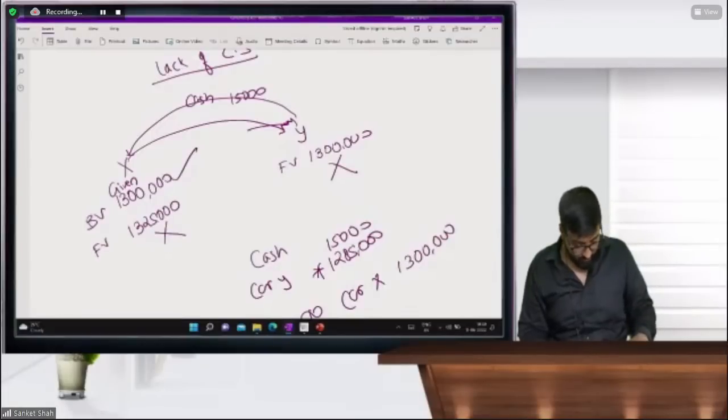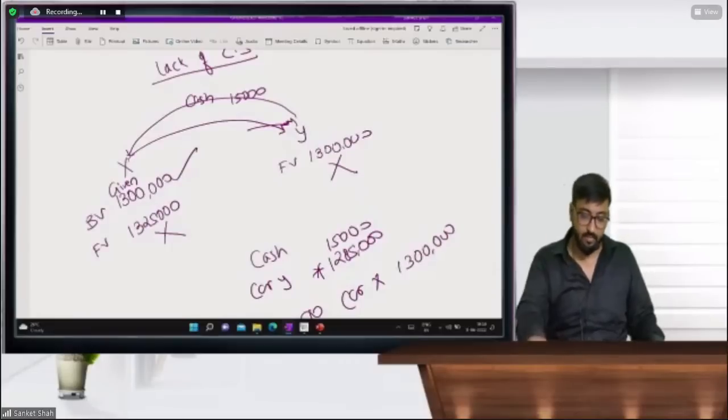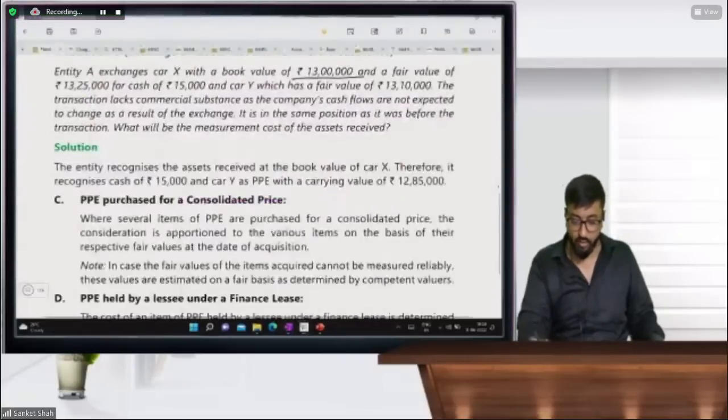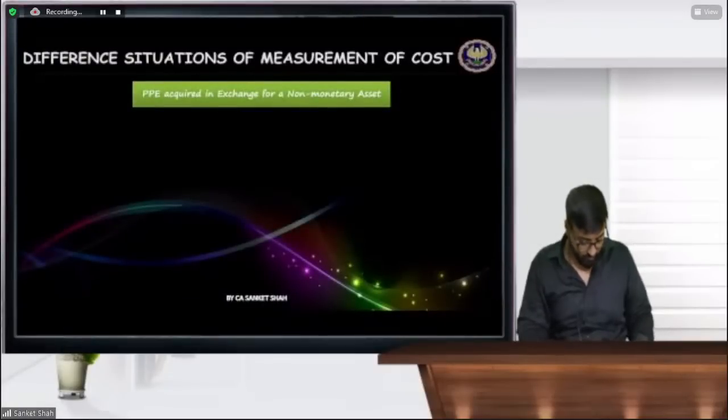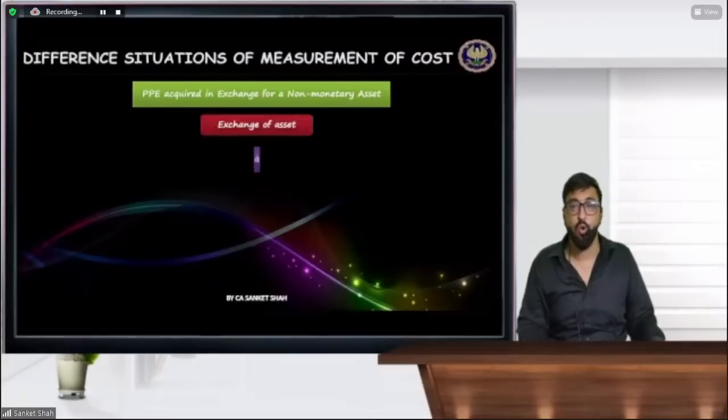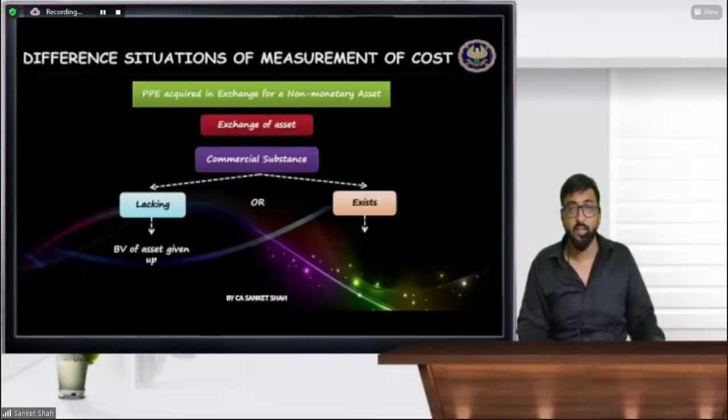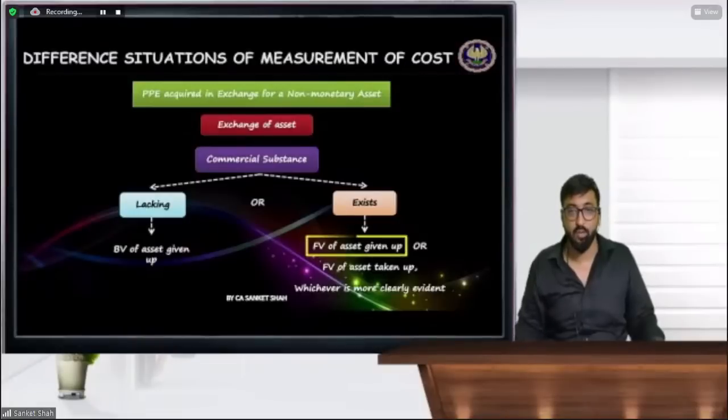Okay, sir. Now we are moving to the next concept. PPE is acquired in exchange for a non-monetary asset, commercial substance lacking. You can take a screenshot.